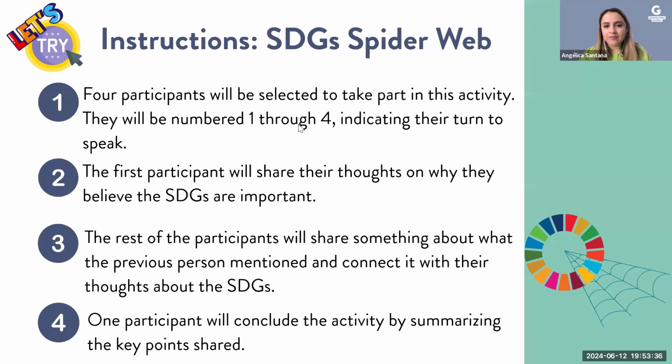So Suleka, you will be participant number 1, which means you are the one that will begin to share your thoughts on why the SDGs are important, okay? And then after you, Ermin will participate. And then after Ermin, Bushra will be participant number 3. And once again, you share something about what the previous person said, or even your own reflection.